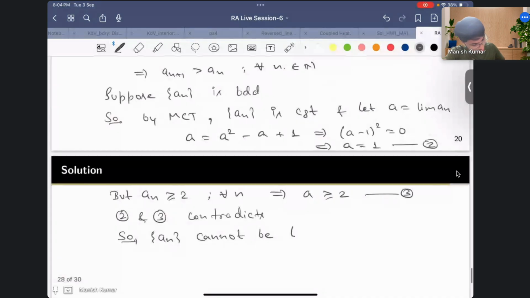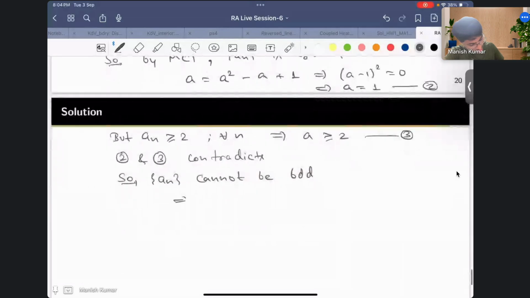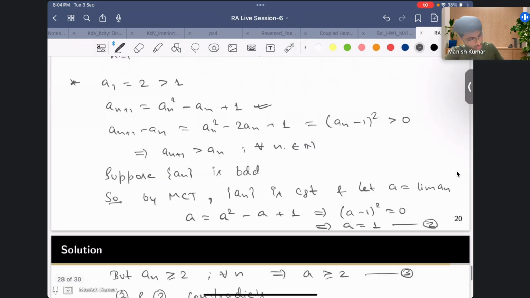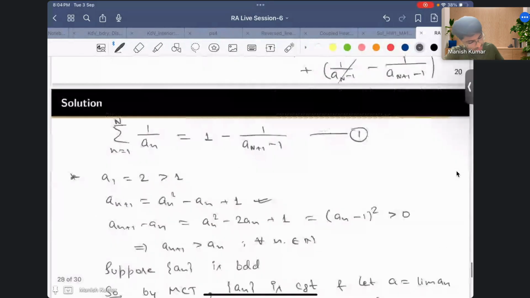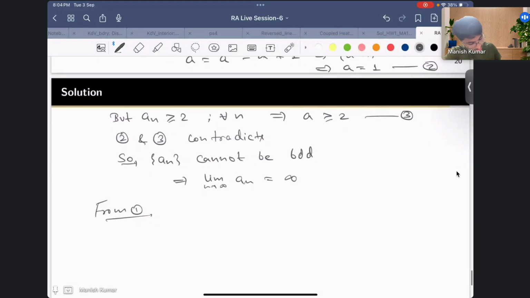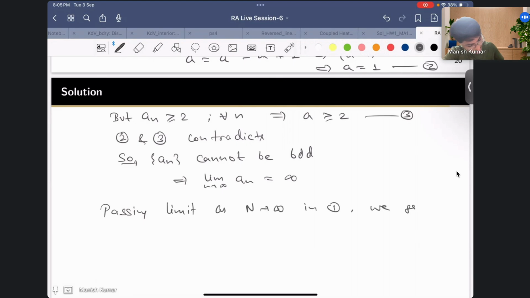And this means that the limit as n goes to infinity of a_n is equal to infinity, right? So now from 1, passing the limit as n goes to infinity, we get the summation of 1/a_n, n from 1 to infinity.